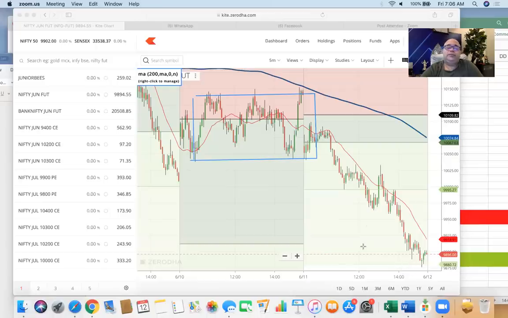Now today, since we are going to open very, very far away from yesterday's close, post the open I would expect the market to get into some sort of congestion, and that is what will make your life difficult, because in this kind of congestion, chances are you will open around here, and after the open you will have some kind of short covering which could be about 100 points.